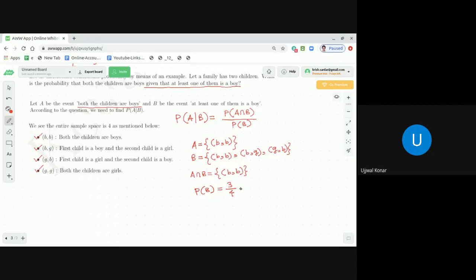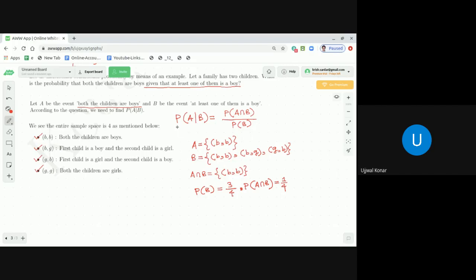And what is the probability of A intersection B? Probability of A intersection B is eventually 1 by 4. Why? Because the set A intersection B contains 1 element and the entire sample space contains 4 elements. So obviously, it is 1 by 4.